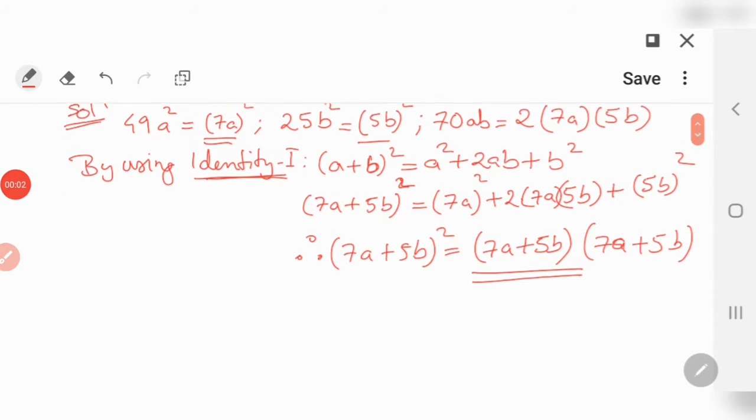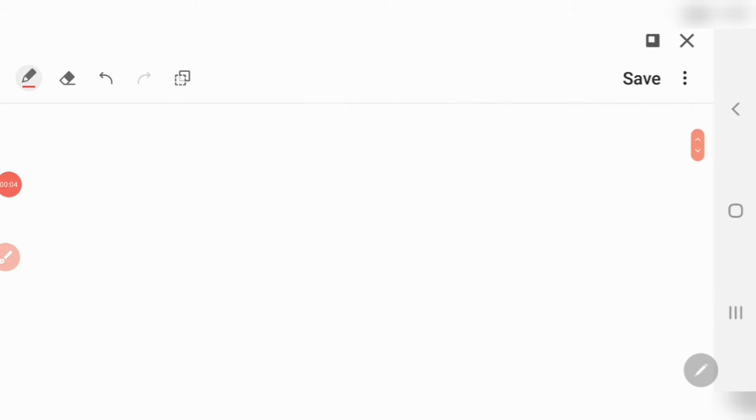So students, let us see one more example here. That is also factorize, correct? So we can write here 9x square minus 1 by 25 y square.